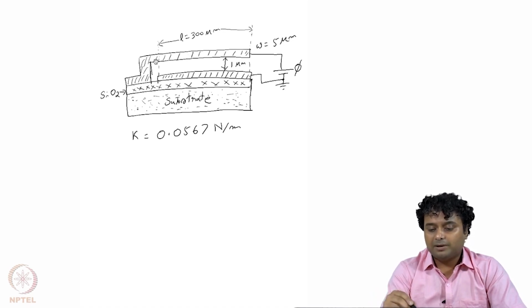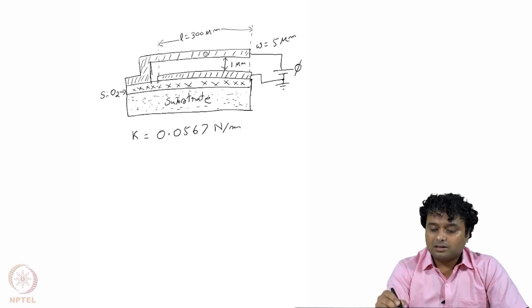Now this cantilever beam is like the metal electrode, like the plate A which we discussed earlier, like the top plate, and at the bottom also there is an electrode which is also let us say made of silicon or polysilicon, and then metal deposited on that.